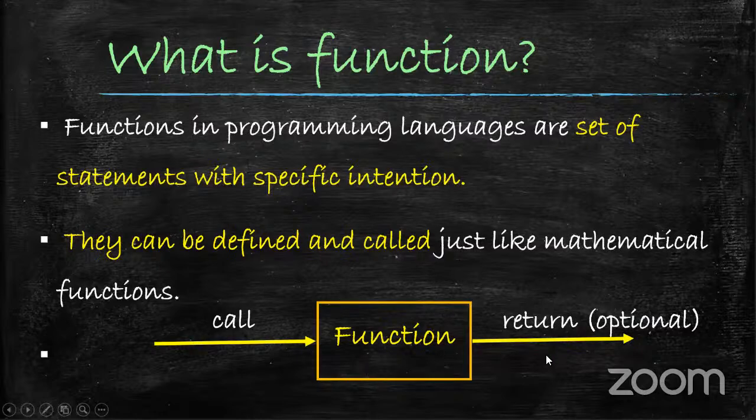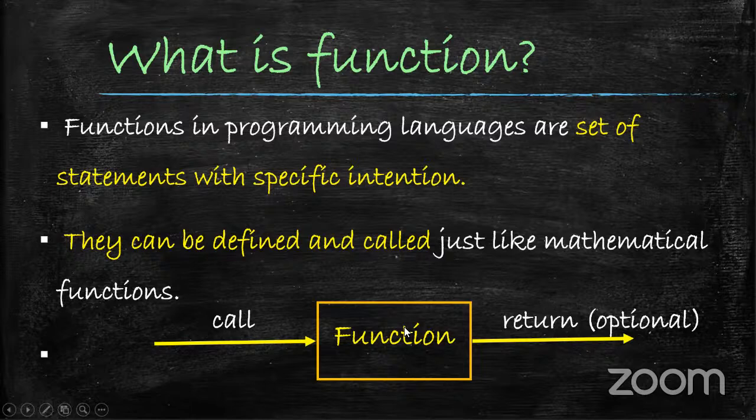If I know input and output, then I am okay, because I know that if I provide this input, I'll get this particular output. If I provide another input, I'll get that particular output. So I know the relation between input and output for a given function, and I don't have to worry about what is inside. That is clear?